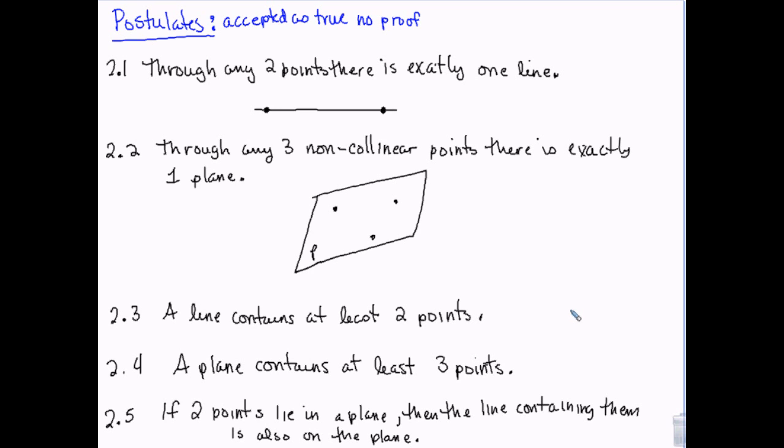Right? So if I have a piece of paper that's my plane and I put 2 dots on it and draw a line on it, the line is not somewhere else out in space. It's going to be on the paper. This is why these are just accepted as true. They just sort of make sense.